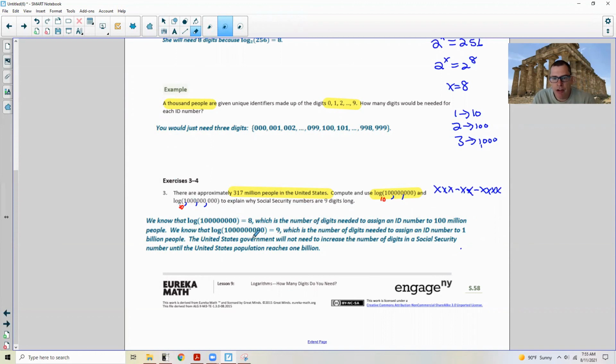The United States government will not need to increase the number of digits in a social security number until the United States population reaches 1 billion. And honestly, that is never going to happen. Why? Because if we triple our population, then you would assume that the world would triple their population. I don't think our planet could sustain that number of people.